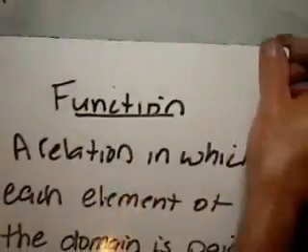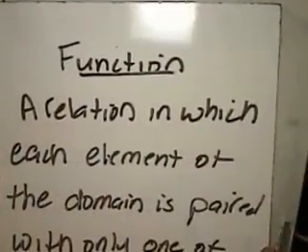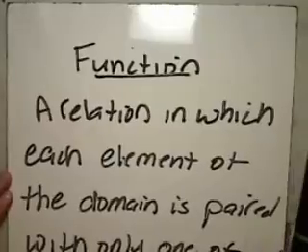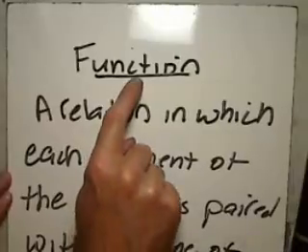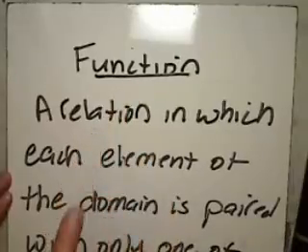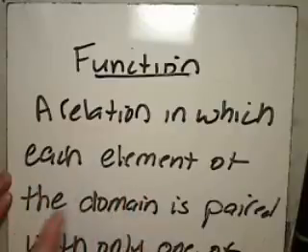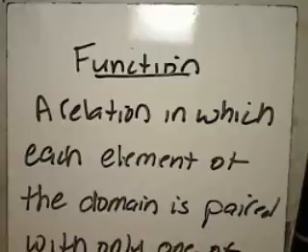Now we're going to look at the idea of a function from definition. A function is a relation in which each element of the domain, that is the first value or the x value, is paired with only one element of the range.